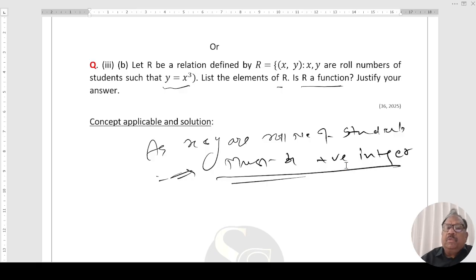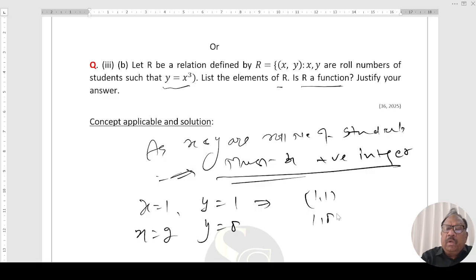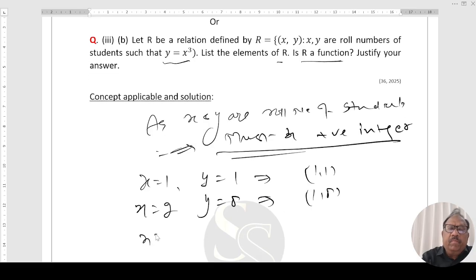If we take x equal to 1, y equal to 1, the element will be (1, 1). X equal to 2, y equal to 8, so (2, 8). X equal to 3, y equal to 27, so (3, 27), and so on, right?